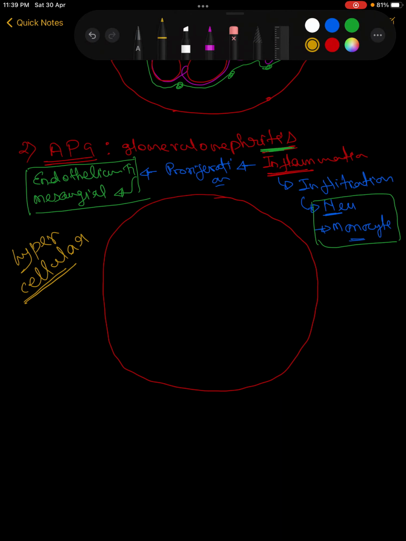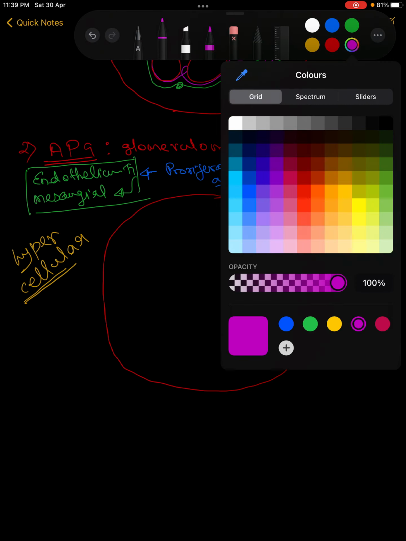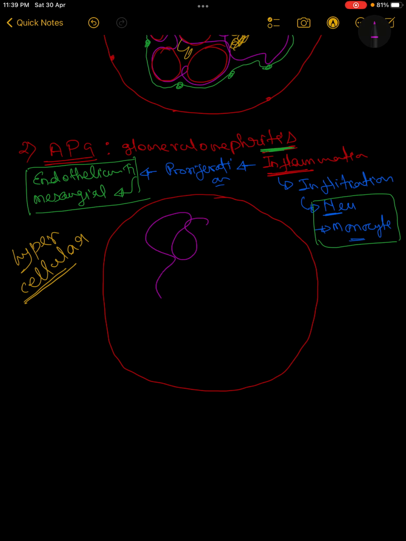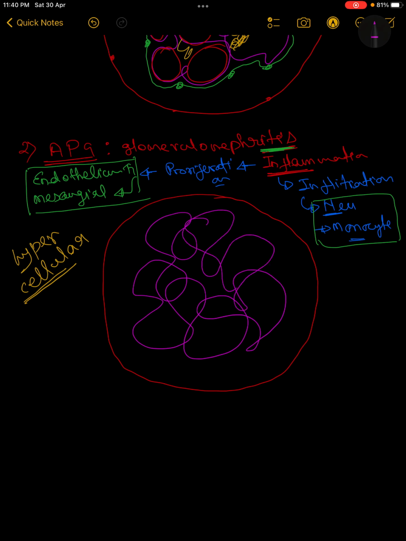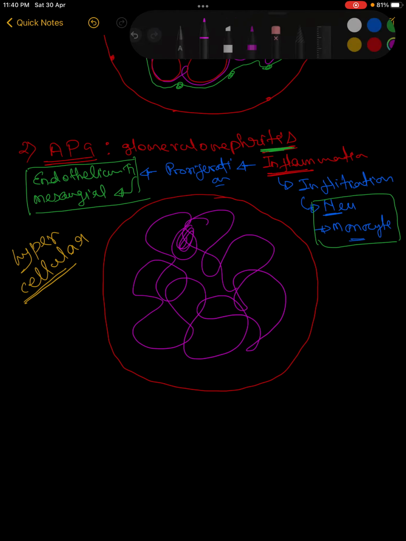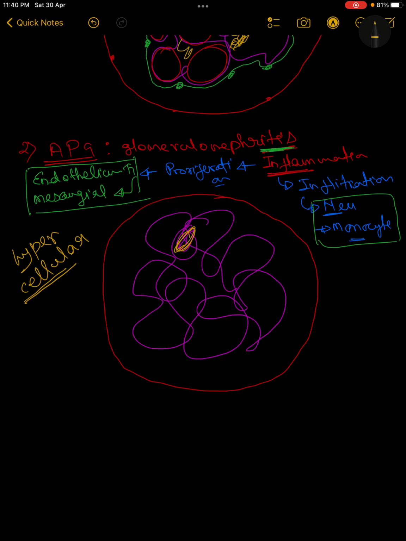So first we will draw the normal glomerular capillaries, then we know that there was some mesangial matrix. This was our normal glomerular tuft.